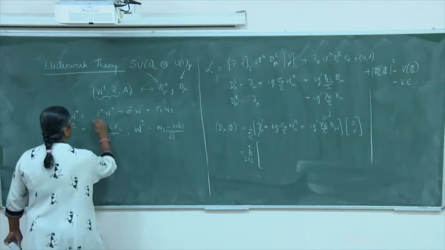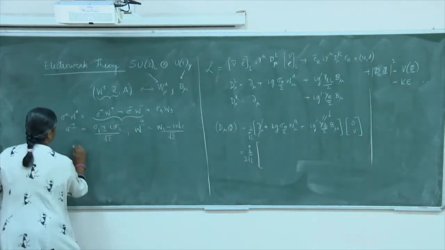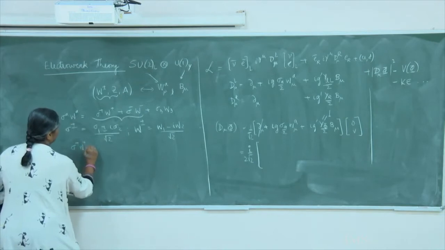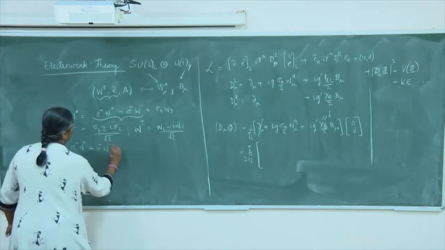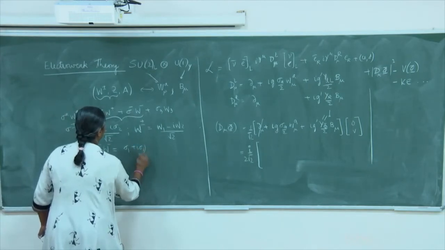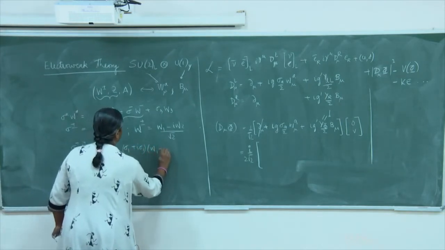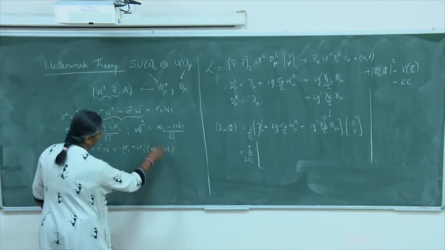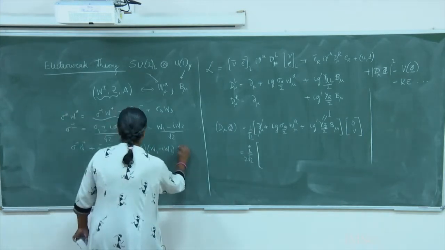So let us look at only these two terms. So sigma plus W plus plus sigma minus W minus is equal to sigma 1 plus i sigma 2 into W1 minus i W2. By the way, every W1 is W1 mu. I hope you know that.